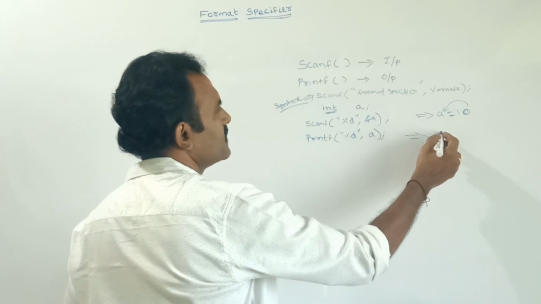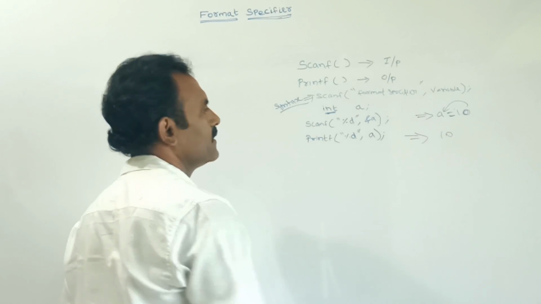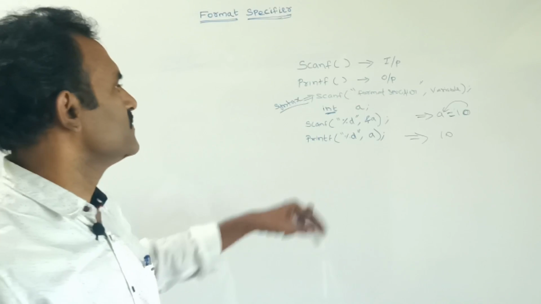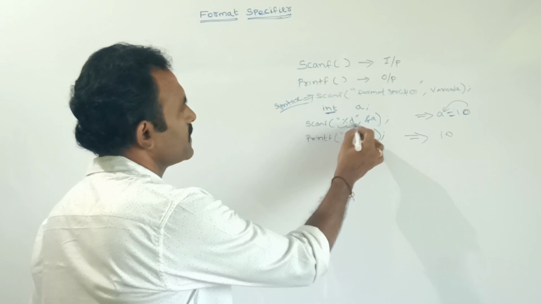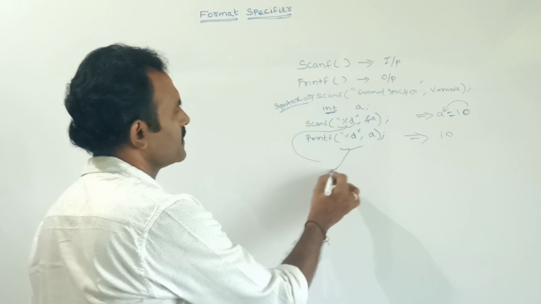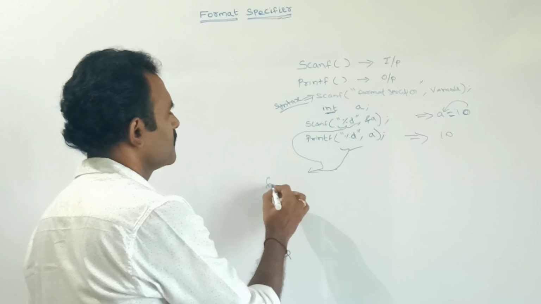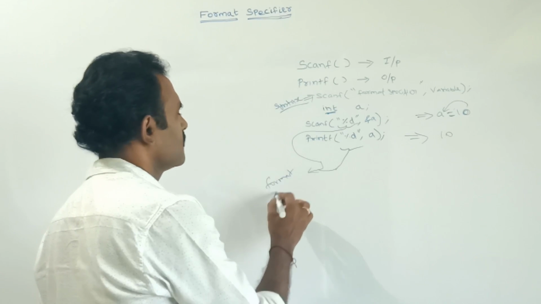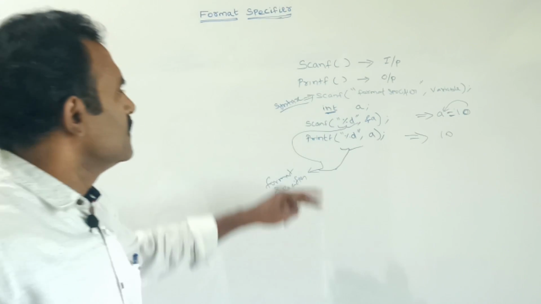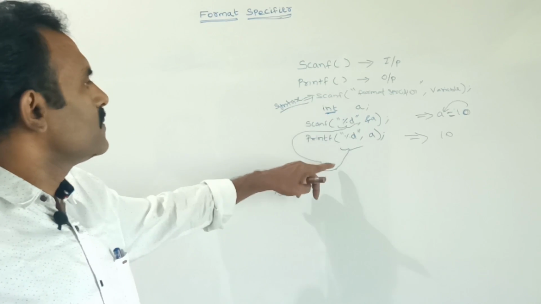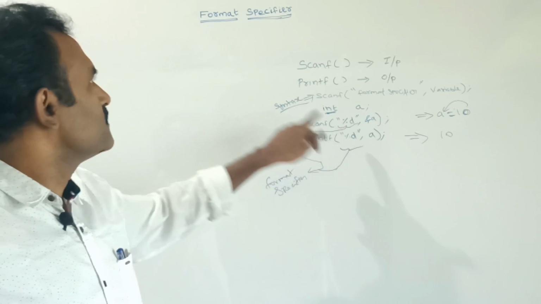What is the value inside a? 10. Here the 10 will be printed. So in this way, this is the format specifier. For I/O purposes, we are using this format specifier.